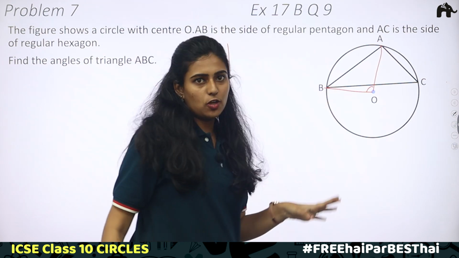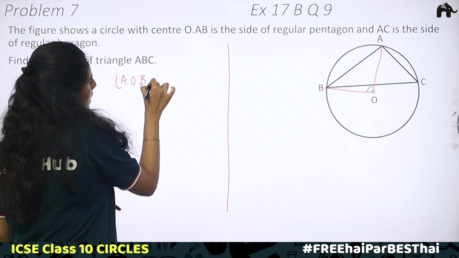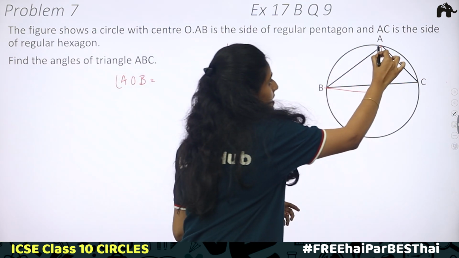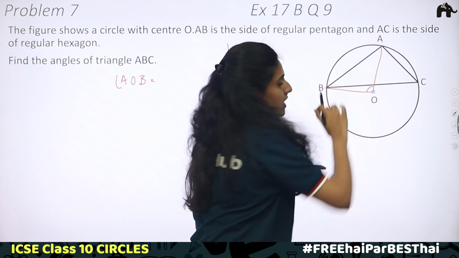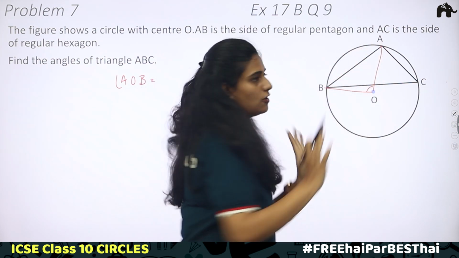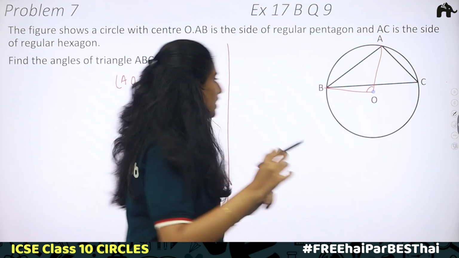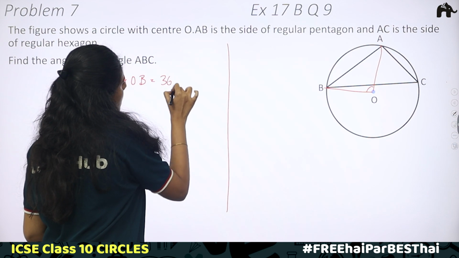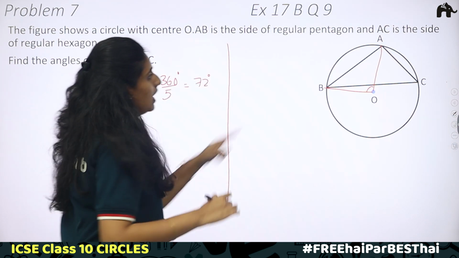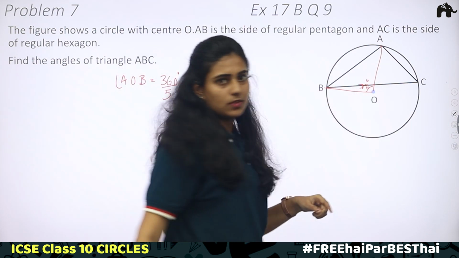What is the measure of AOB? In total we have 360 degrees, and for a pentagon there are 5 sides of the same measure as AB. Therefore, the 360 degrees will be divided by 5, and that is equal to 72 degrees. AOB is 72 degrees.